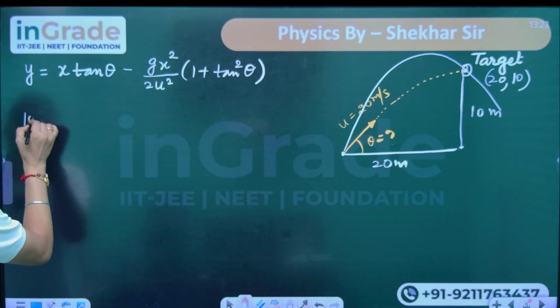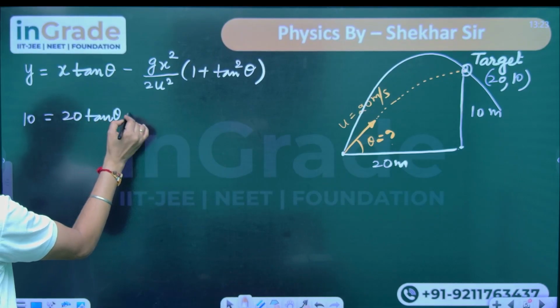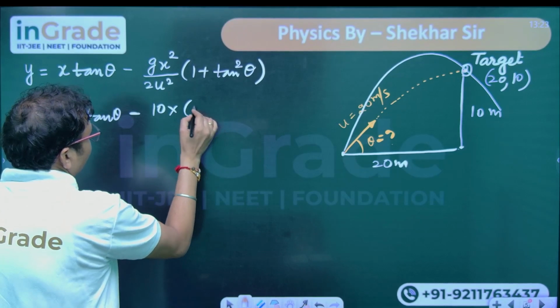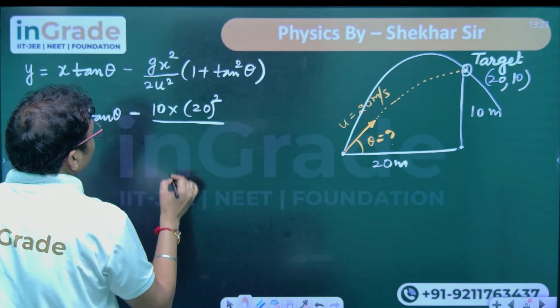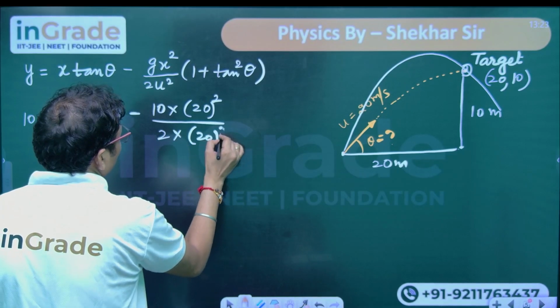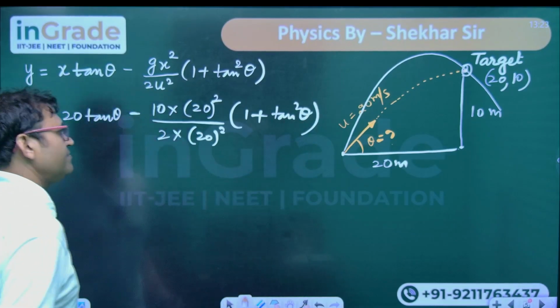So y is equal to 10, x is equal to 20, tan theta minus g is taken as 10, into x square, 20 square, upon 2 into u square, which is also 20 square, into (1 plus tan square theta).